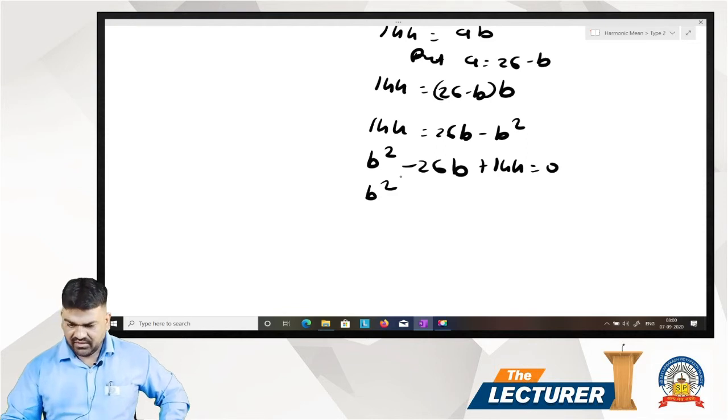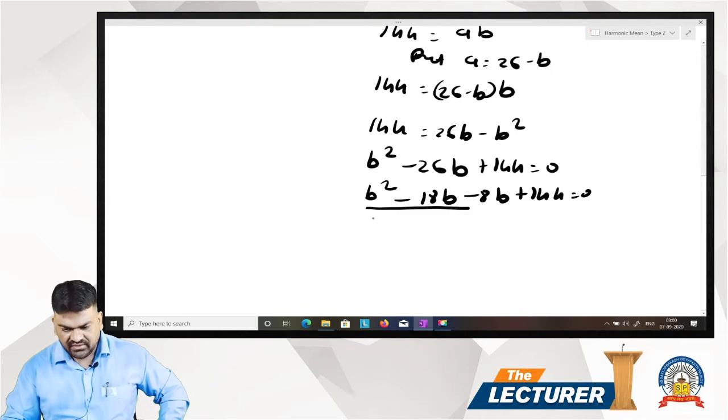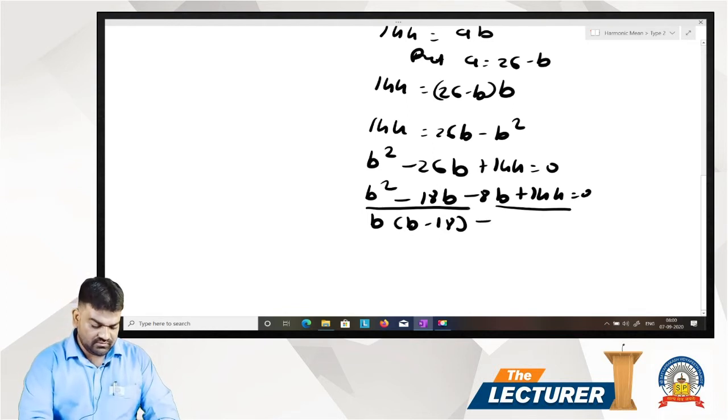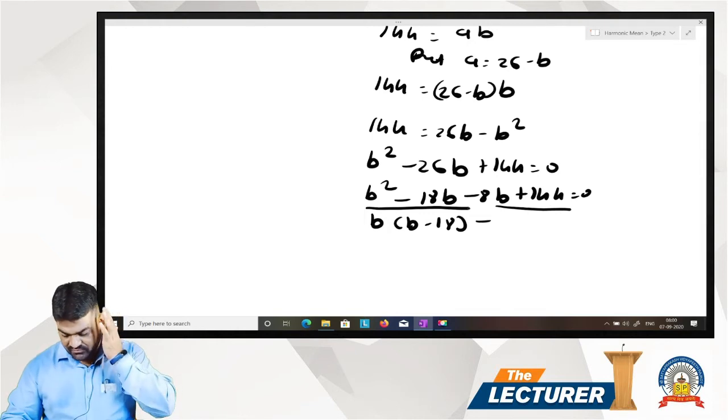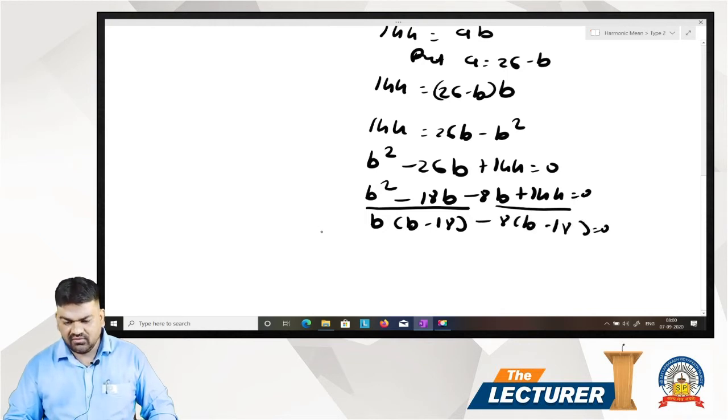18 multiplied by 8. So B square minus 18B minus 8B plus 144 is equal to 0. Take B common: B minus 18. Take 8 common: B minus 18 is equal to 0.